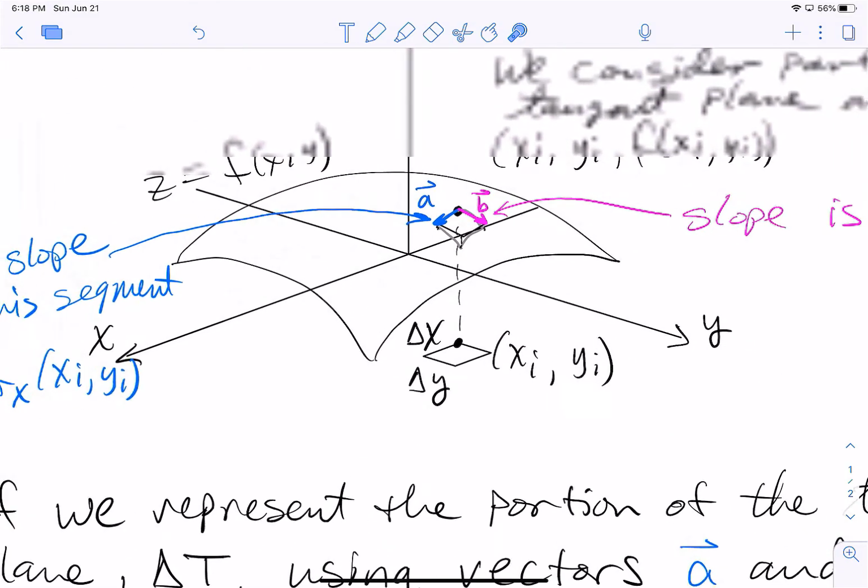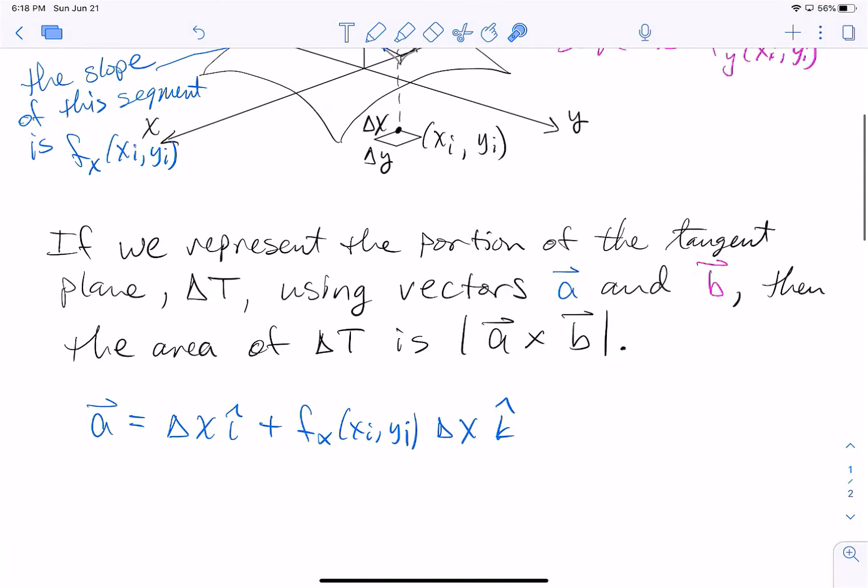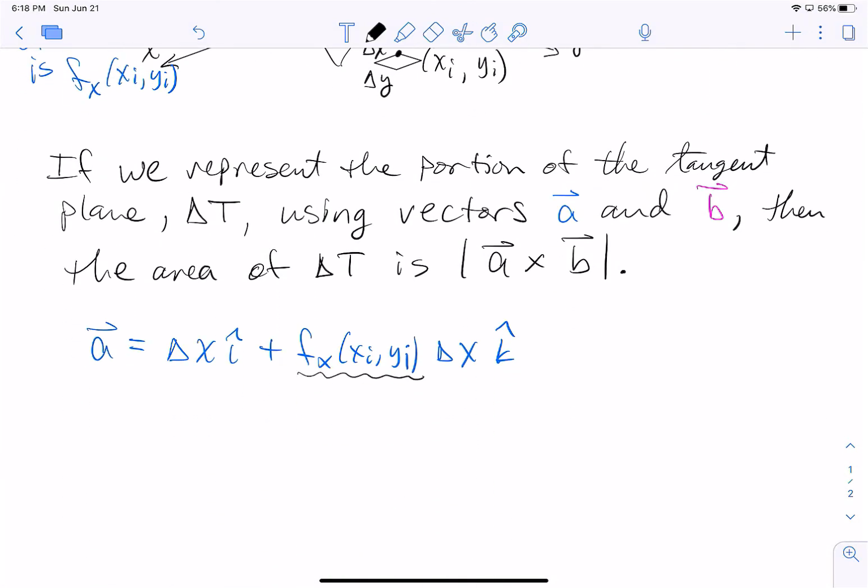If we think about what a partial derivative is, the partial with respect to x of f at (x_i, y_i) is rise over run in the x direction, and we multiply that by run, which is delta x. The runs essentially divide out, and we end up with rise times k. Delta x i is the part that's parallel to the x-axis.